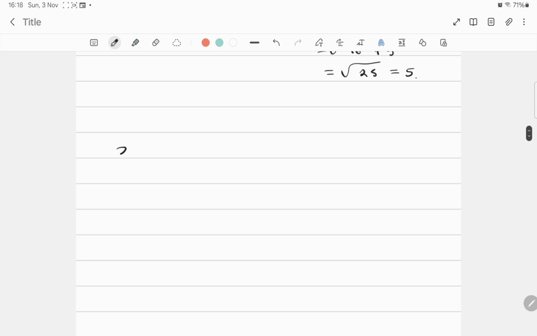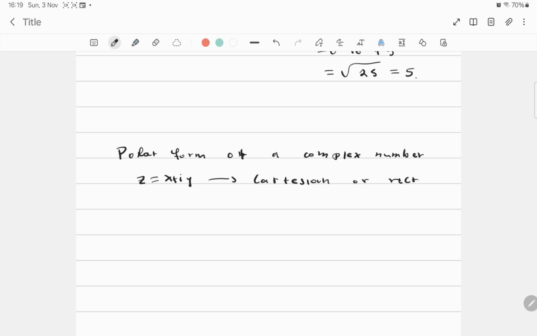Now the other part is the polar form of a complex number. So z equals x plus iy, this is the Cartesian form, or rectangular form.